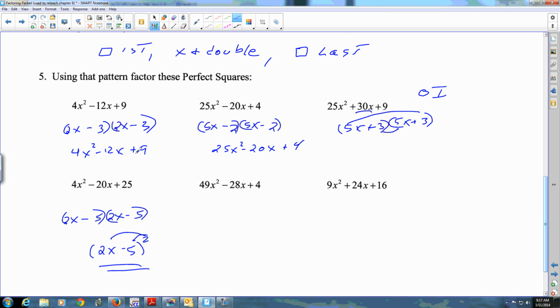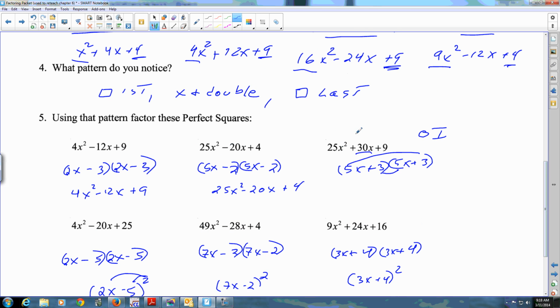So here, we got 7x, 7x, 2, 2. The middle is minus, so they're both minus. So your answer is 7x minus 2 squared. It's a perfect square is what this is called. So 3x, 3x, 4, 4. The middle is plus. So it's 3x plus 4 squared.